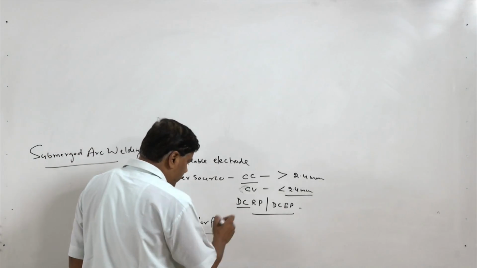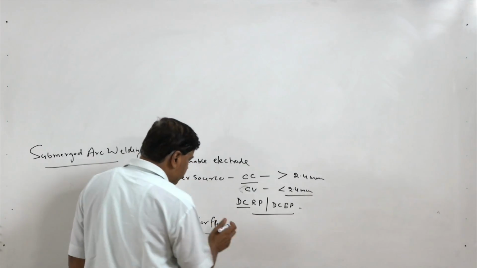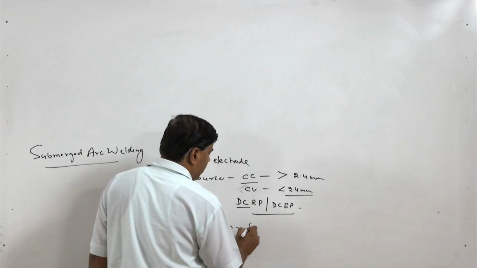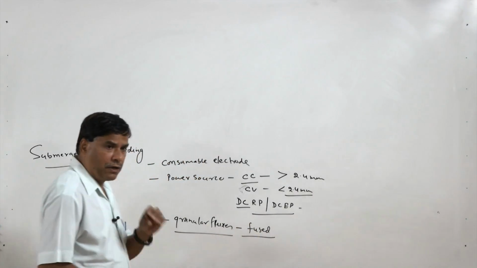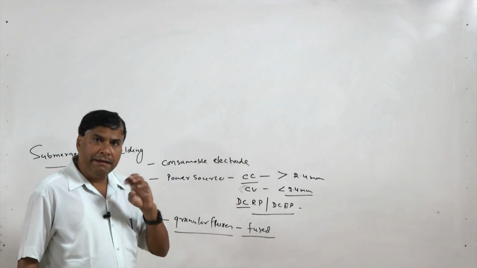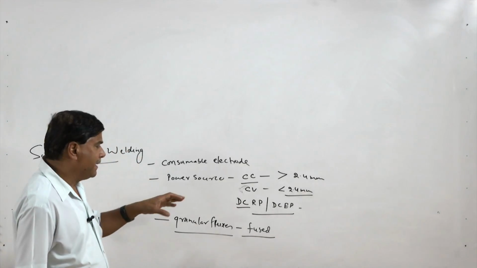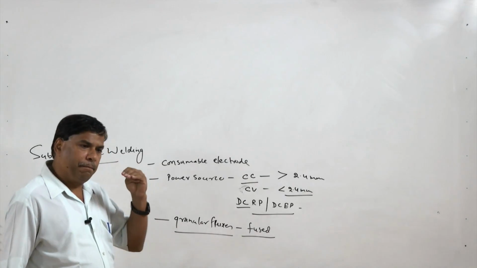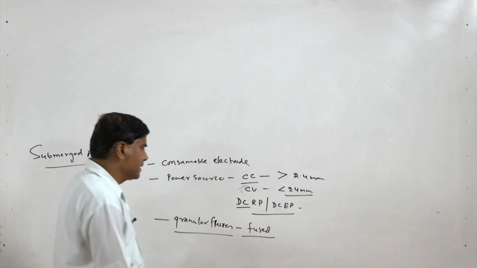So, we will talk in detail about that. These fluxes are of different types, like fused fluxes, which are homogeneous in composition. Even if the segregation of the fine and coarse particles takes place, it does not affect the performance of the fluxes, it does not affect their characteristics.